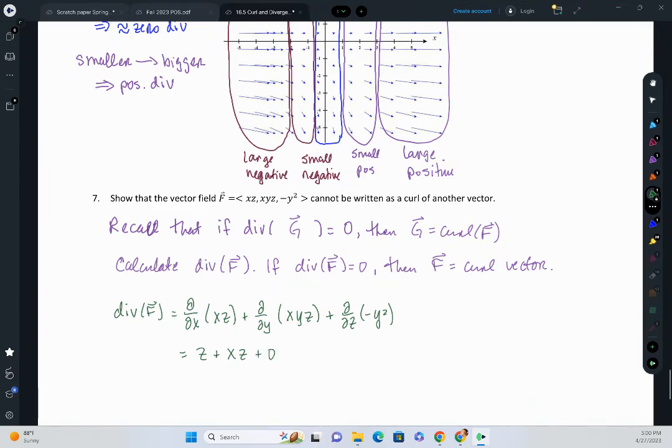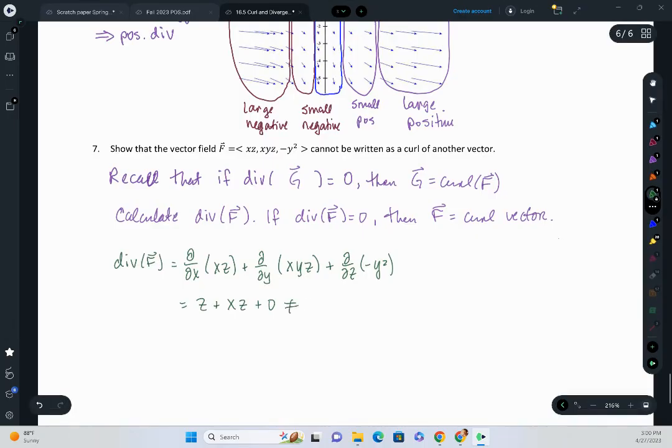So we didn't get 0. Therefore, F is not a curl vector for any other vector field.